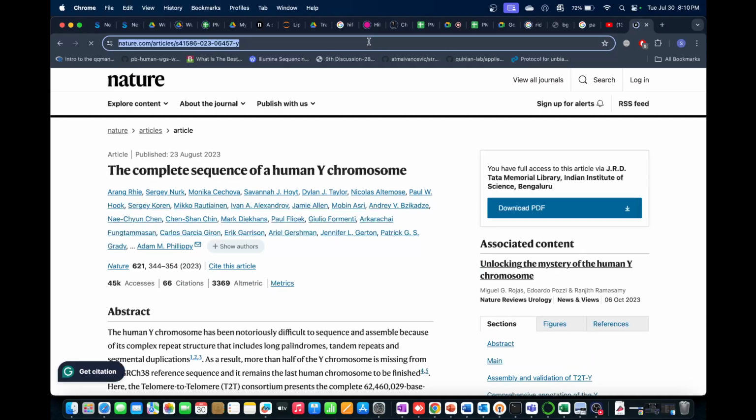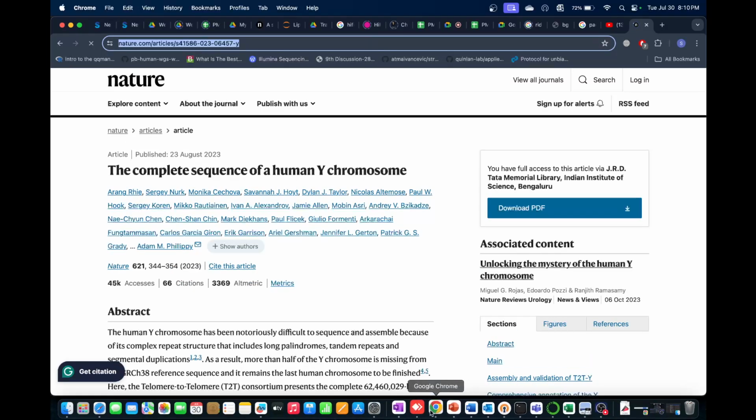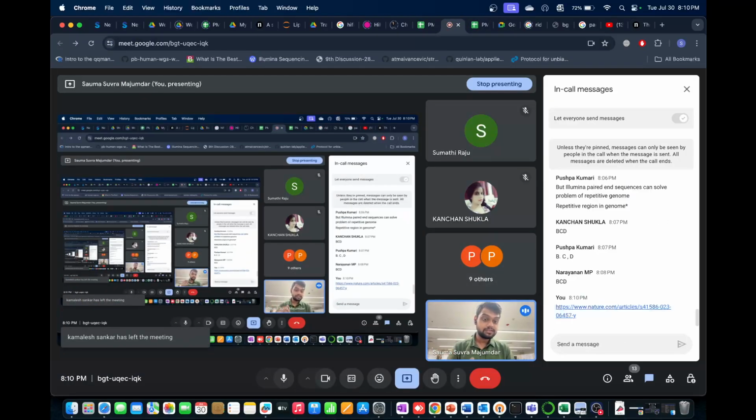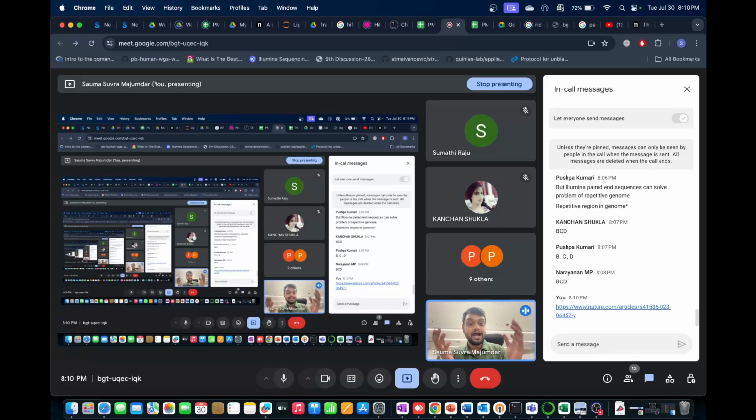I'll give this paper link here. Until 2023, we did not know the sequence of the whole Y chromosome. This is one of the reasons, because with short read technologies it was very hard to get the whole Y region. Now with long reads and multimodal data sets that we have, we are able to resolve this.